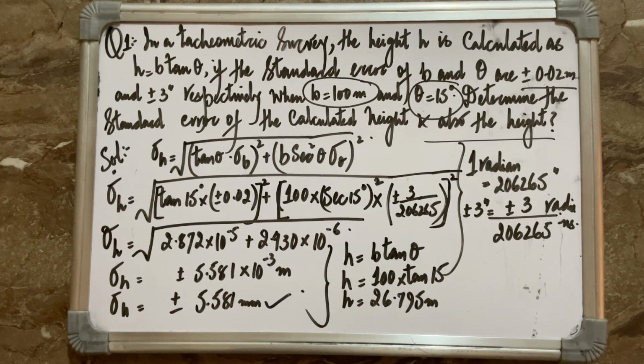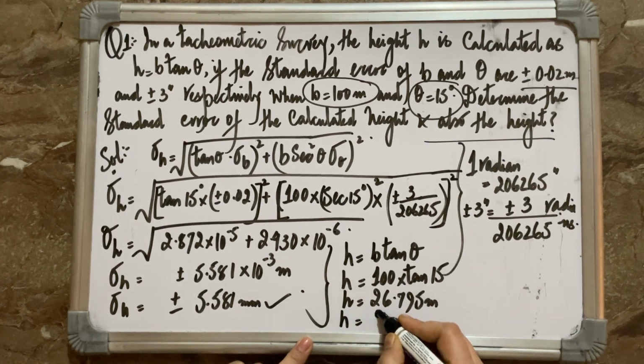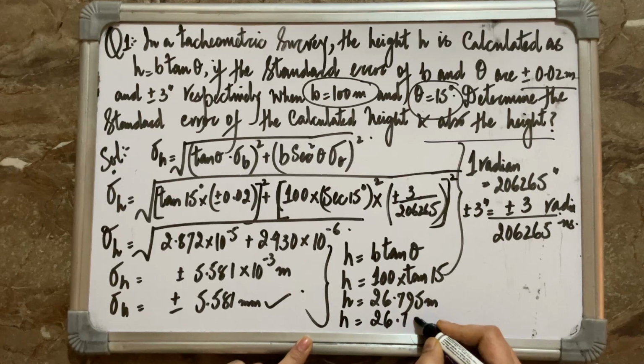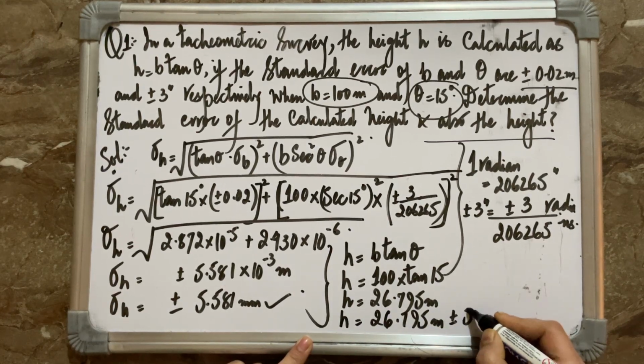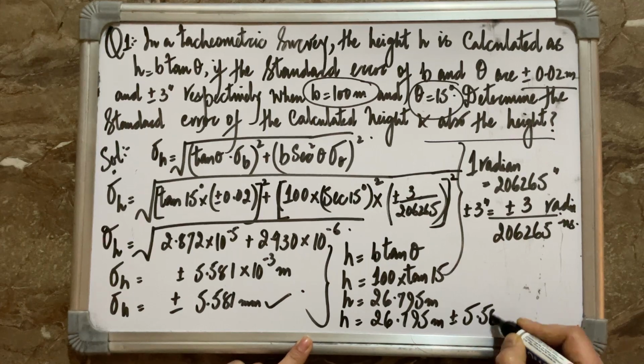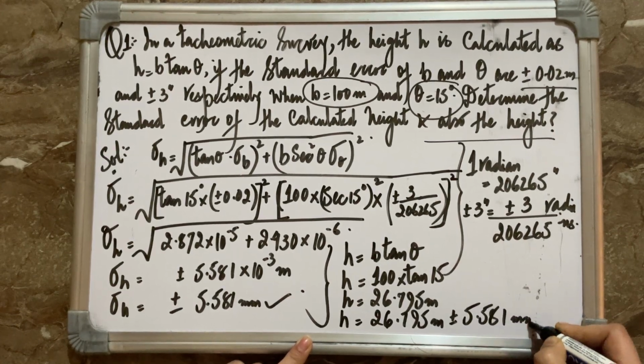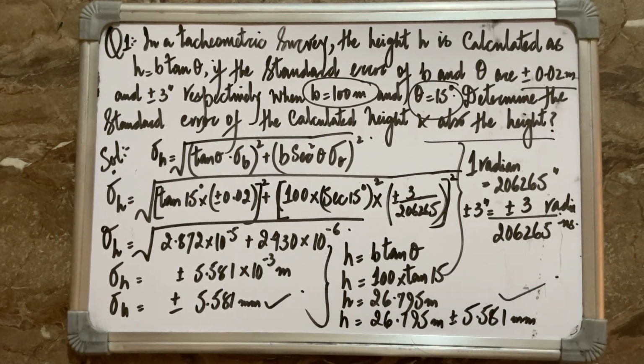So I may write that h is equal to 26.795 meters plus minus 5.581 mm.